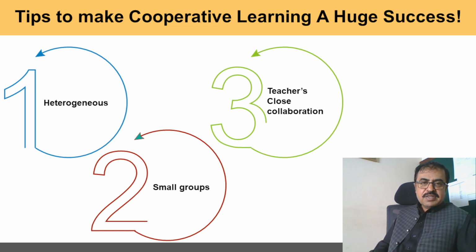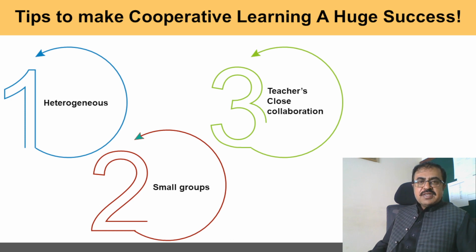Number 2, the groups need to be small enough to communicate amongst themselves in a meaningful manner. It is said that for cooperative learning, the group needs to be between 2 to 6 members. If it exceeds 6, then it is not a group anymore, it becomes a crowd in the cooperative learning environment.